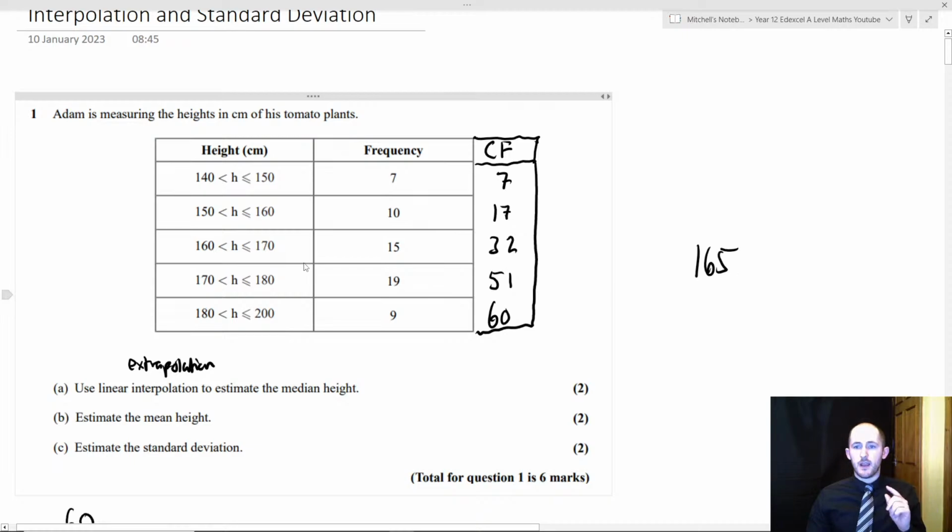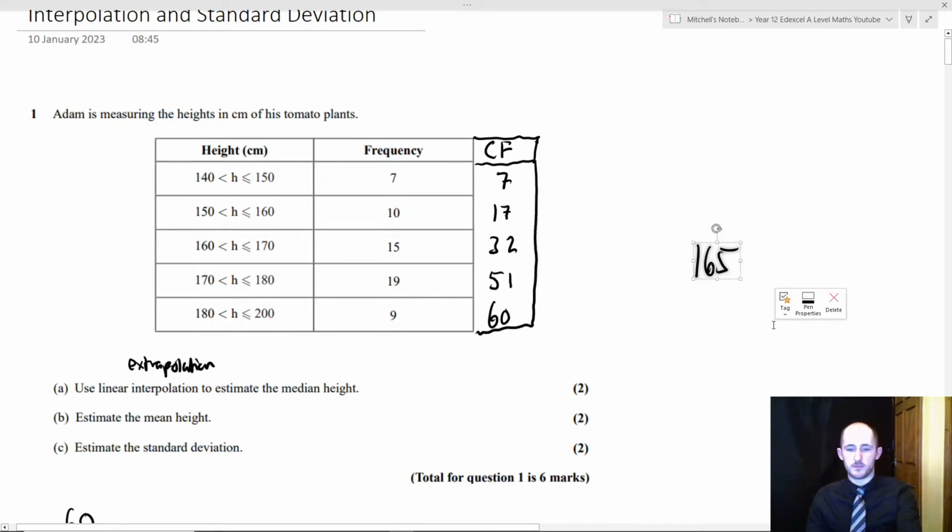We don't have the original data, so we can't work out the exact median, we have to work out an estimate for it. And it turns out that the best way to do an estimate is to assume a kind of normal distribution inside the classes themselves. So there's a few people at 160, a few people at 170, but most people are towards the middle. Okay? So not exactly in the middle, but towards the middle.